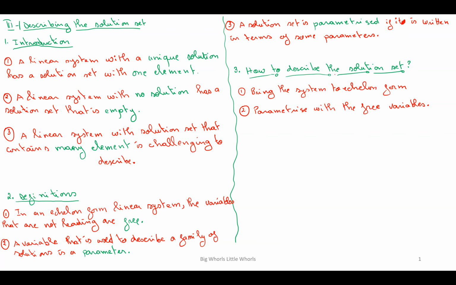Recall that how to describe the solution set is very important. We have two steps to take. Step number one, bring the system to echelon form, and step number two, parameterize with free variables: write the leading variables in terms of the free variables. Is that okay? Thank you, and see you in the next video for the tutorial.